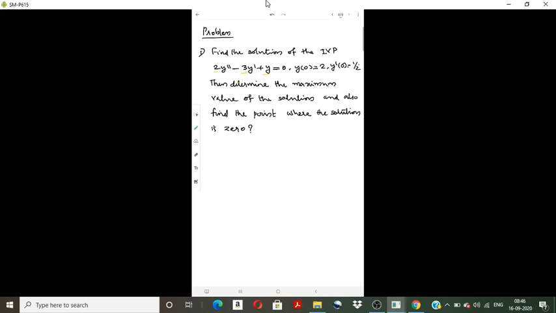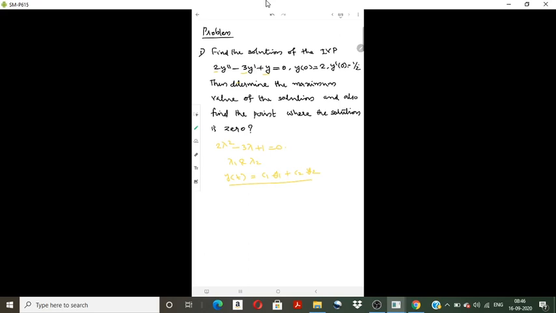First of all you have to solve the IVP by considering the auxiliary equation 2 lambda square minus 3 lambda plus 1 equal to 0. Solve this for lambda 1 and lambda 2. Then you will get the general solution y of t equal to c1 y1 plus c2 y2.